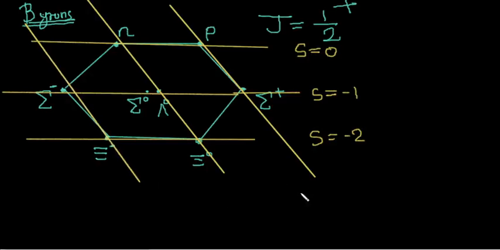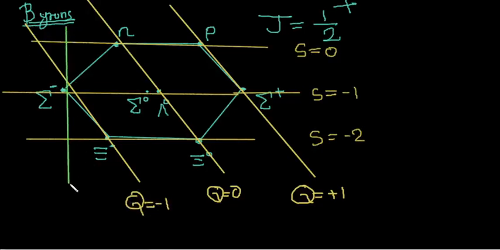Here the charges will be q equal to plus 1, here q will be 0, and here q will be minus 1. Further down we will have the third component of isospin, and that will be represented by the vertical lines.